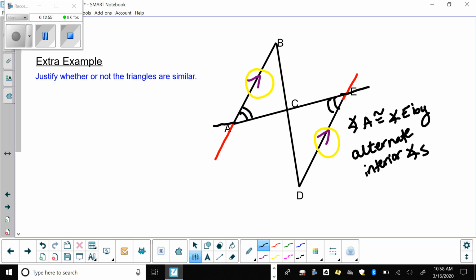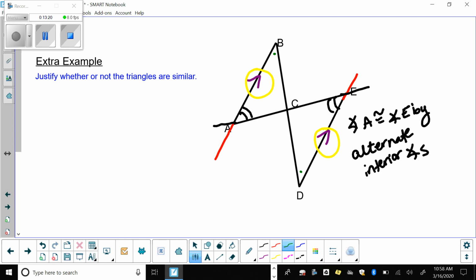Someone else might tell me that angle B and D are congruent by alternate interior angles. That too is also fine. Honestly, that would be enough to prove that triangle ABC is similar to triangle EDC, because now you have two different sets of congruent angles.